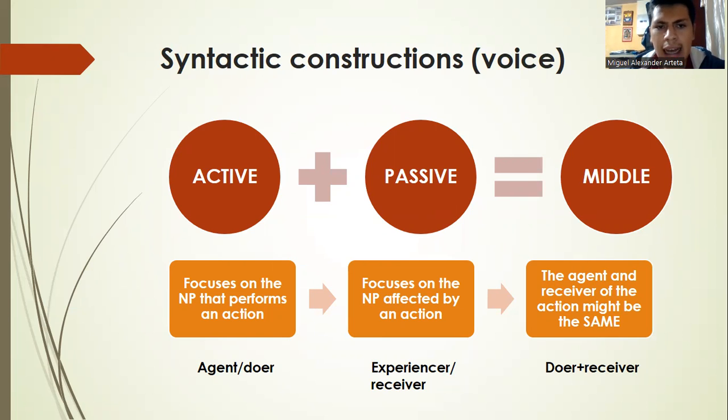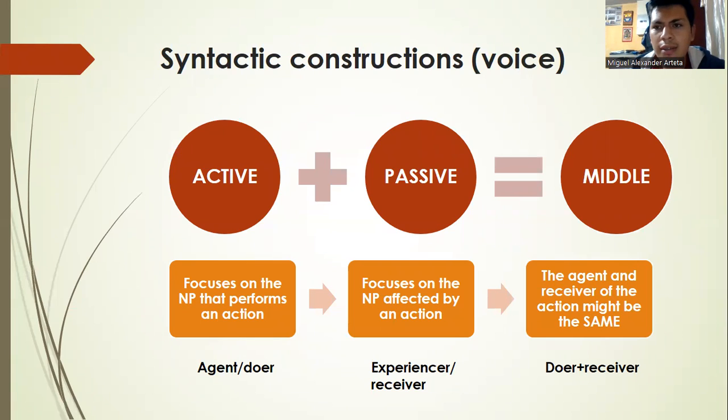First we have active voice. This focuses on the subject, the noun phrase, that performs an action. It is the principal actor, the agent, the doer. Next, we have the passive voice.